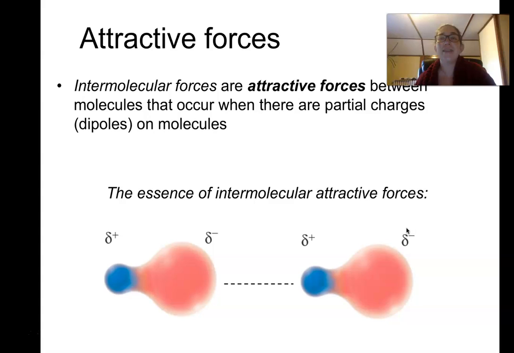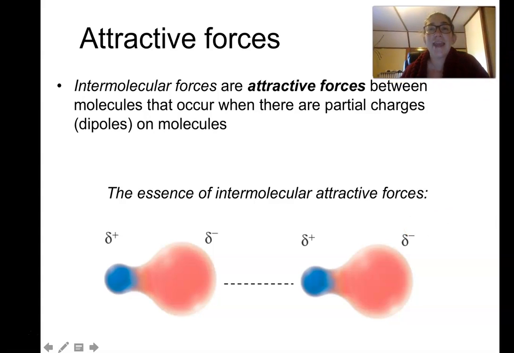Okay, so these attractive forces ultimately, they come in different strengths, but they all basically have the same mechanism. So they basically all involve attraction of positive to negative charge, like an ionic bond, except in an ionic bond you have a full positive charge and a full negative charge. We've talked about how covalent bonds involve sharing of electrons, but that atoms don't always share electrons evenly or equally in a bond.